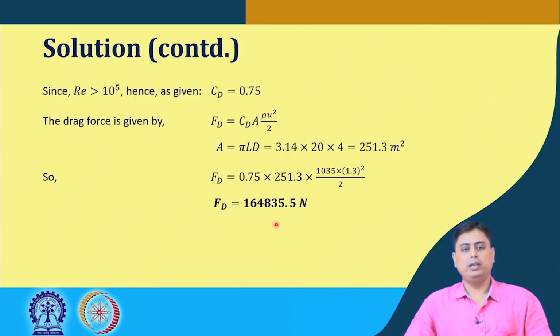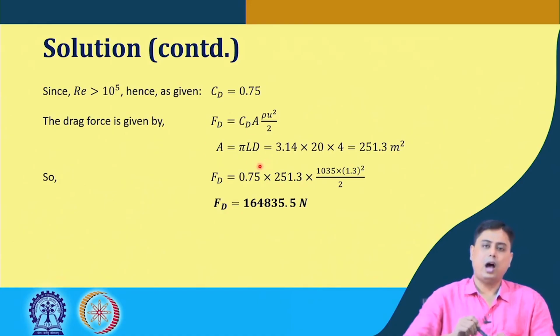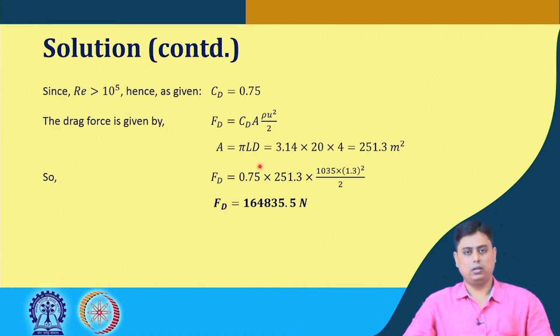Okay. Now, here the area is pi L d, or if d is 2 r, you can consider 2 pi r h, which is the surface area. Okay. So, drag is acting on this. So, if we consider this as the skin drag, you can understand how the body is moving.